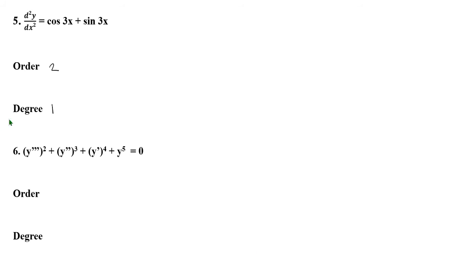The next one is y triple dash the whole square plus y double dash the whole cube plus y dash the whole raised to 4 plus y raised to 5 is equal to 0. So here y triple dash is nothing but d cube y by dx cube and y double dash is d square y by dx square.